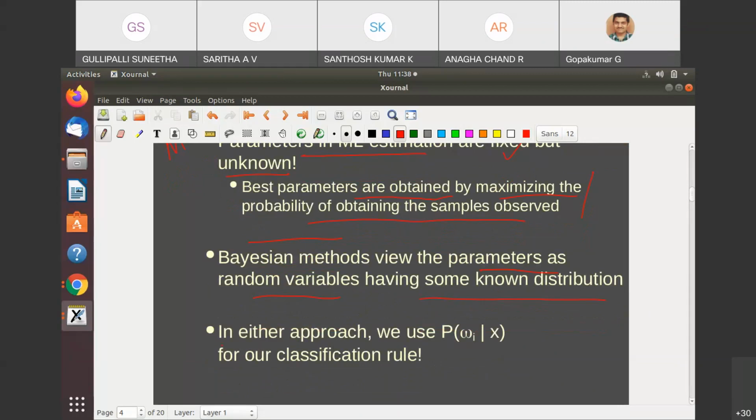In either approach, whether you are using MLE or Bayesian estimation, finally we will be using the posterior probability, that is the probability of Wi given x, for our classification rule.